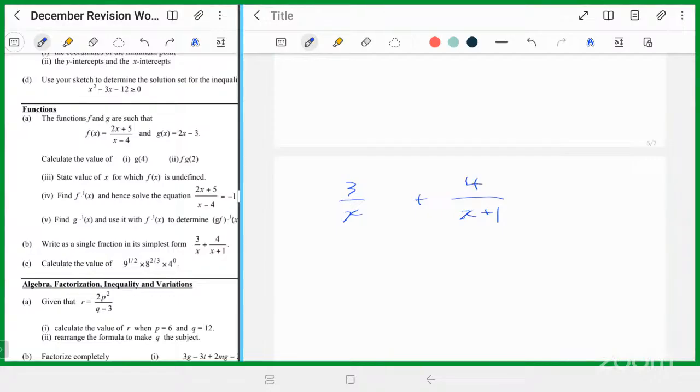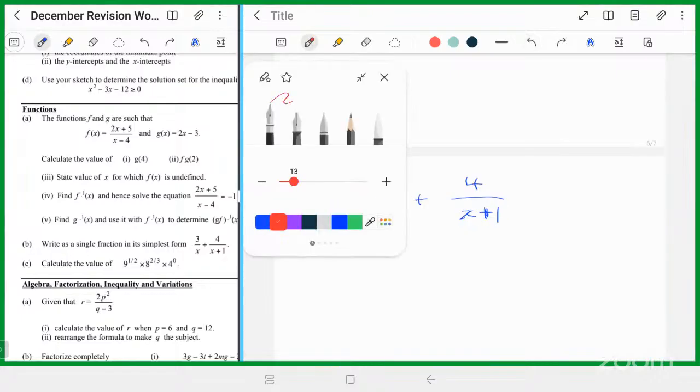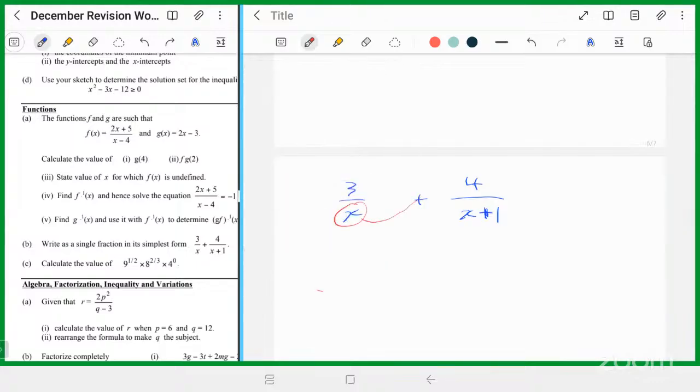When you're adding algebraic fractions or numerical fractions, the process is the same. You want the two denominators to be the same. So what you can do is take this denominator and multiply it up here and down here as well. And then take this denominator, multiply it up here, and multiply it down here as well.